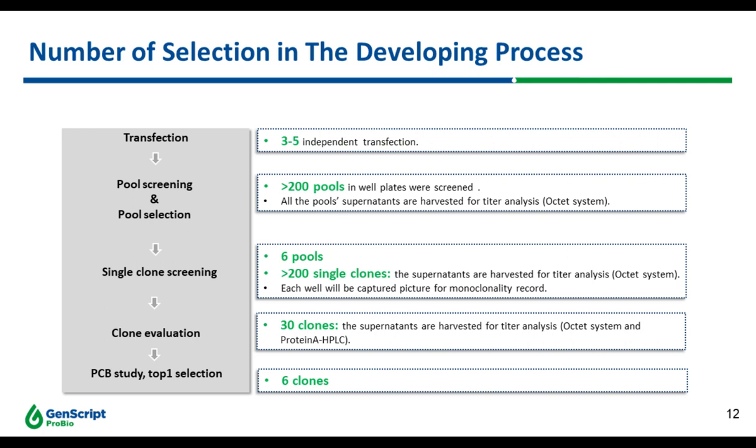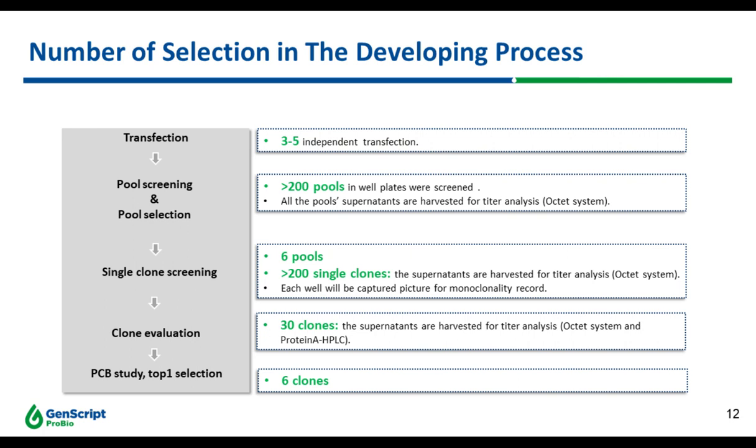The number of selections in the development process is as follows. You start from 3 to 5 independent transfections, and then you generate more than 200 pools in 24-well plates. You screen the titers, and then you select 6 pools, and from these 6 pools you screen more than 200 single clones.